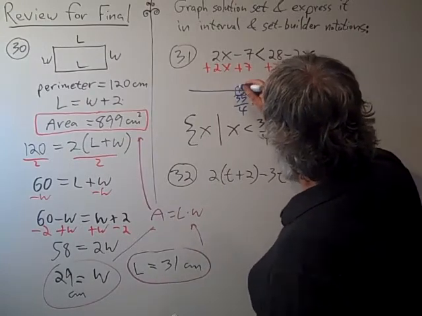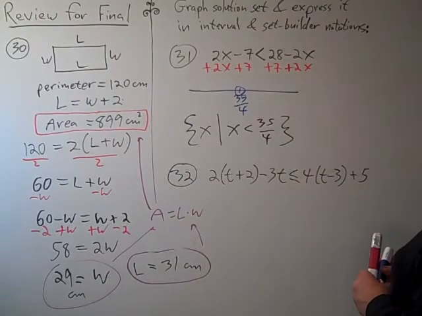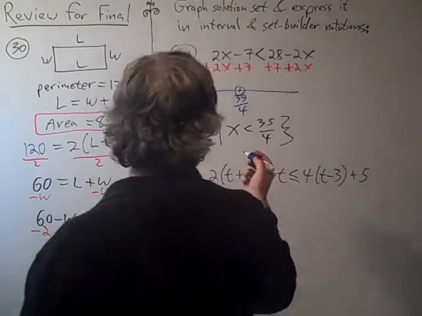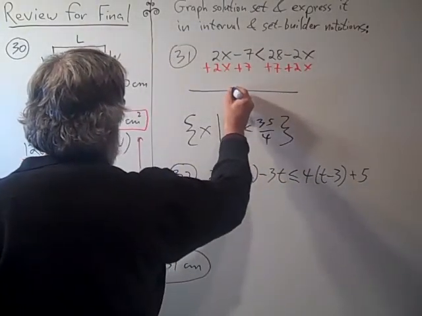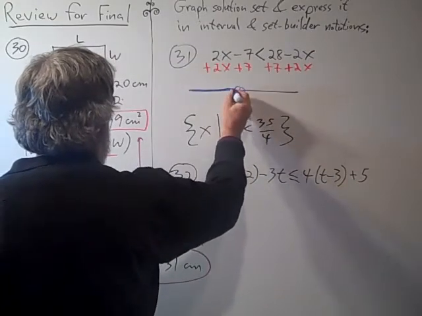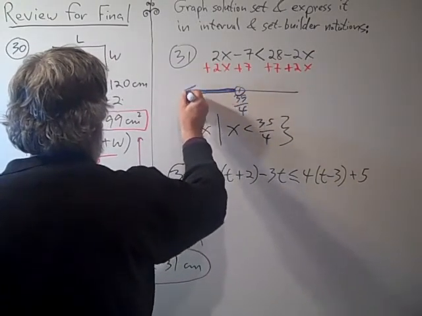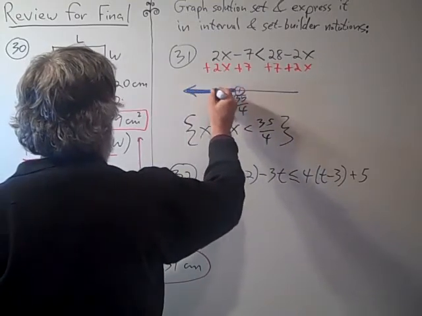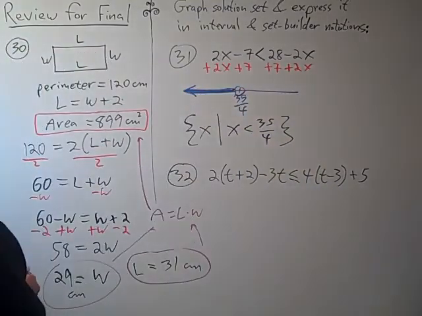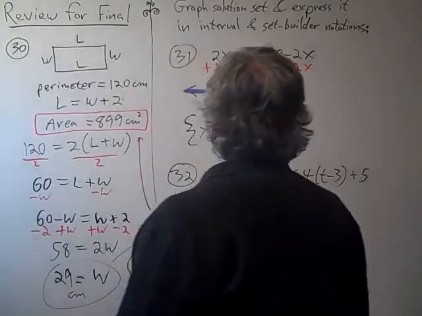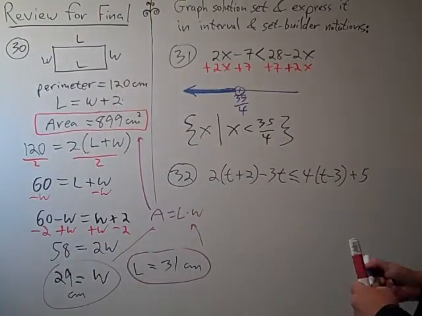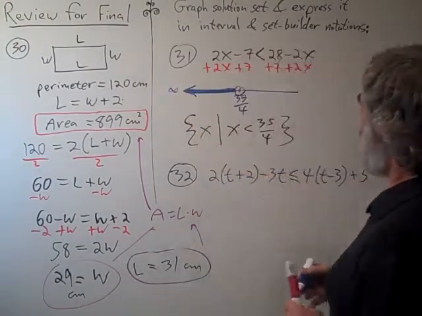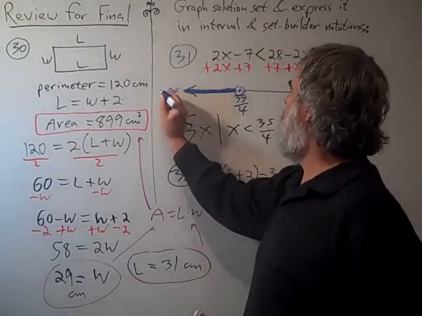And you put a circle around 35/4 here. X is smaller than means to the left, so it's everything over here that's shaded, not including the 35/4.